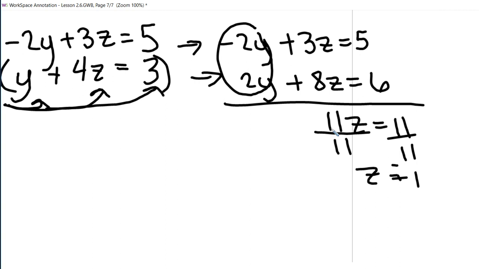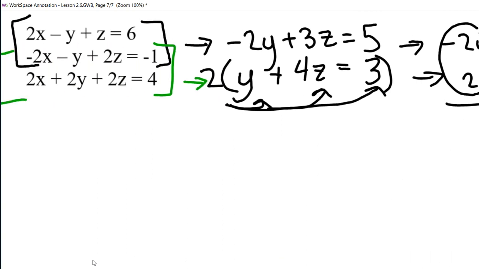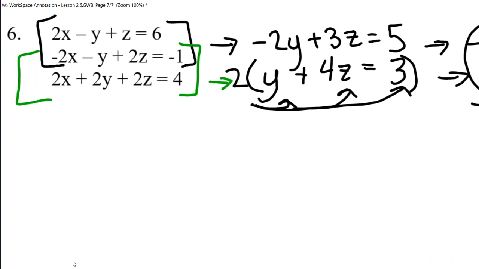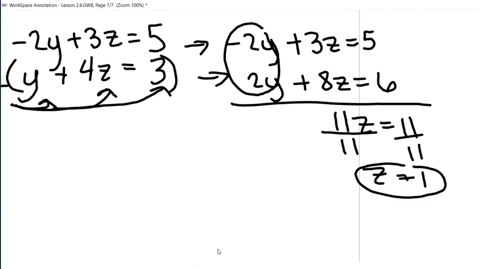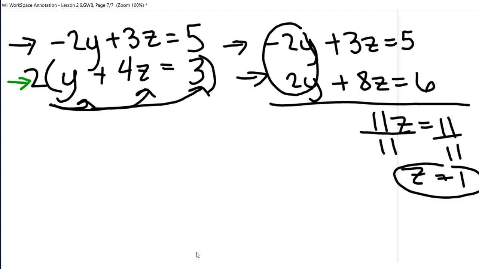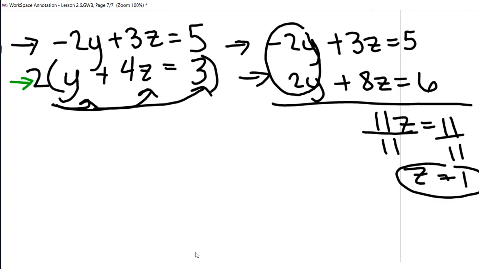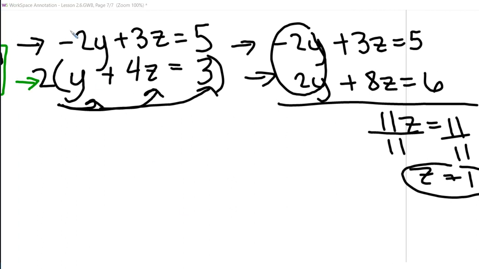Now that I have z, now I need to find x and y. So go back to the original. Well, let's use one of these originals here. Do I want to use this one or the bottom one?